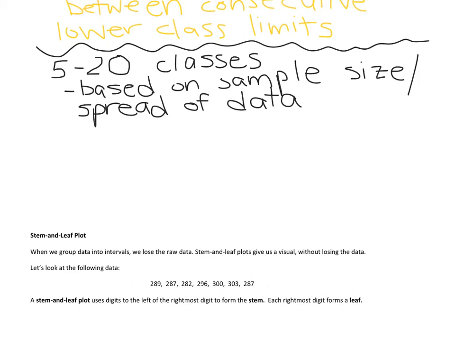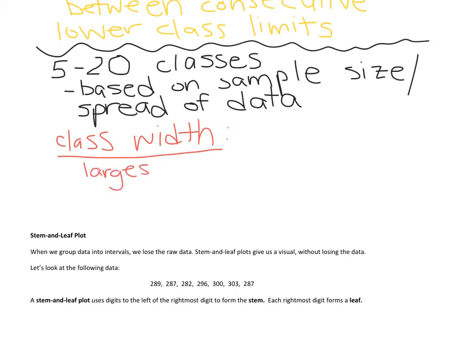All right, and then once you know how many classes you want, we have to figure out the class width. To do the class width, we have a little formula, and we'll practice this later. You take your largest value in the data set minus the smallest value.